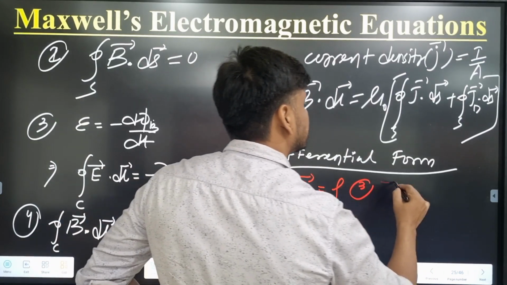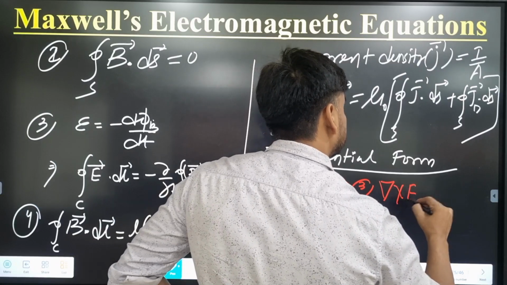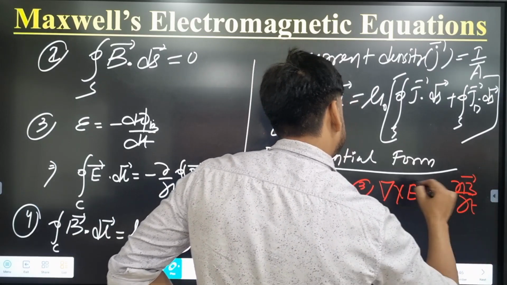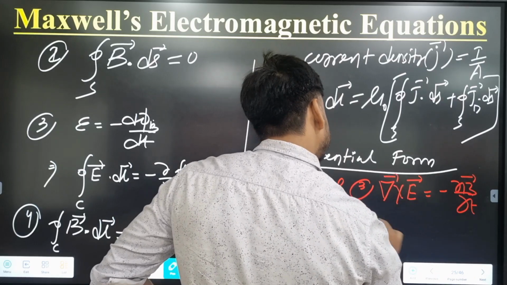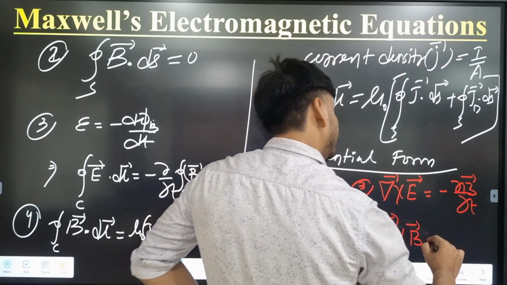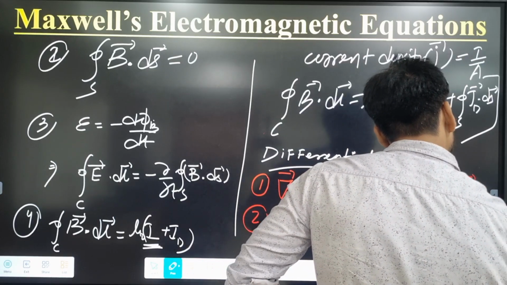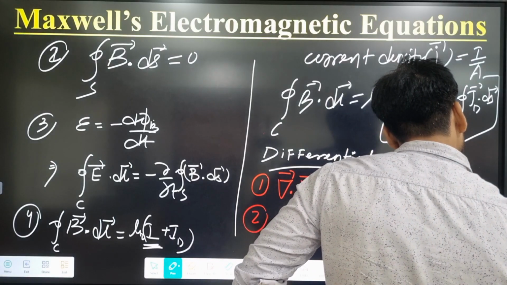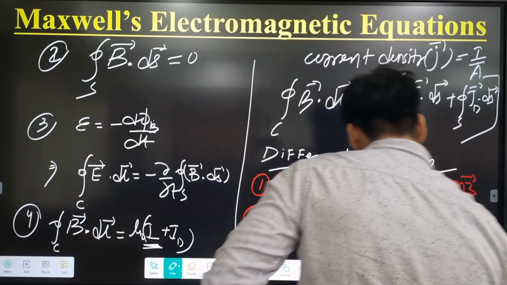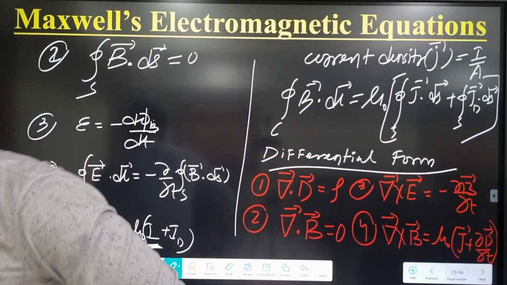The third equation is del cross E equal to minus del B by del t. And the fourth equation is del cross B equal to mu naught J plus del D by del t. We will derive each one of the differential equations.